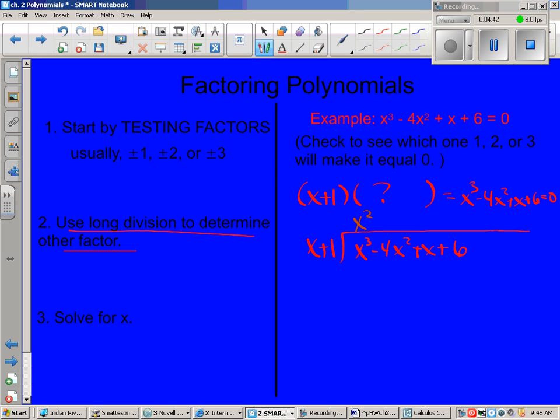So of course we have the x squared. And the number one mistake: we have to remember to change the signs.